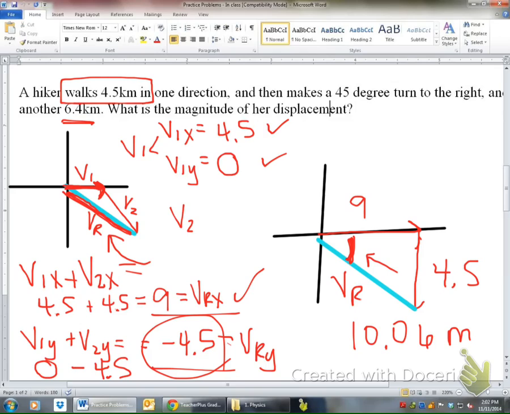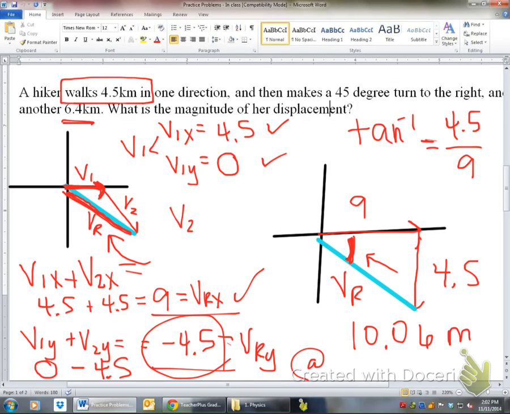I would do tangent, because you want to use the things you're given, not the secondary thing that you solved for. So I would do tangent of 4.5 over 9. Why doesn't it say negative?